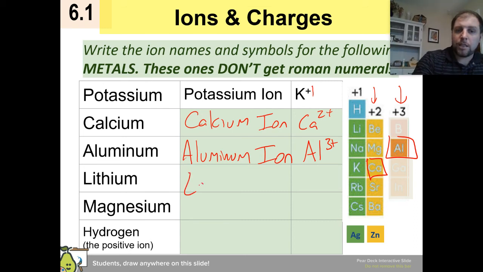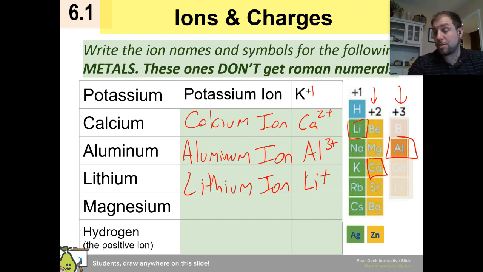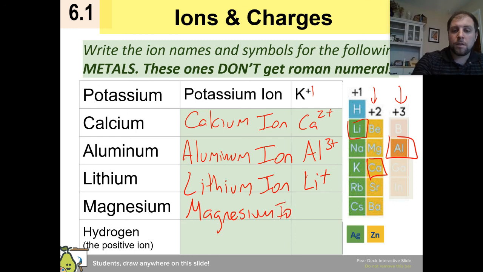A lithium ion. Lithium forms a lithium ion, which is, here it is, Li+, which is the same as 1+. Magnesium is a magnesium ion, and here it is.